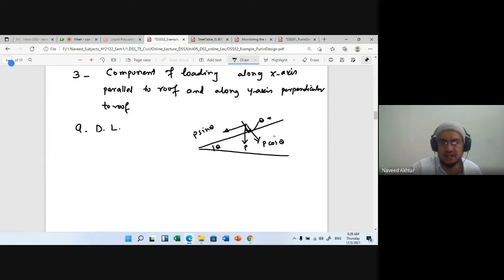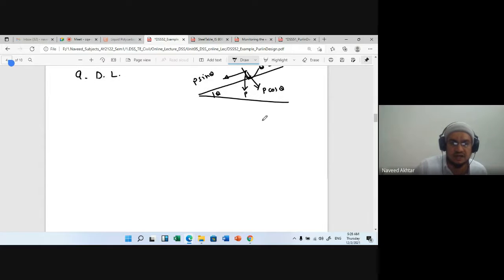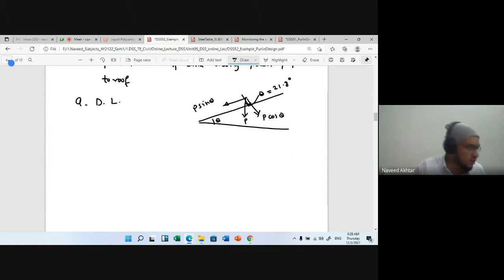So theta here is 21.8 degrees. You know that, we already calculated theta first. So for the dead load, two components are there, the y component and the x component, vertical and horizontal.